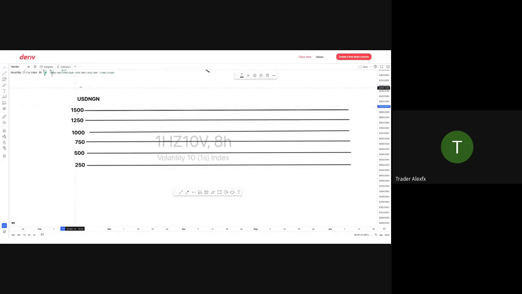This is the chart of USD. At least we all know when the dollar was 250, 350, 500, 1,000, 1,250 and 1,500. Here we got to 2,000, but let us leave it here.